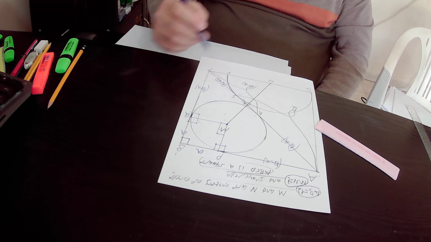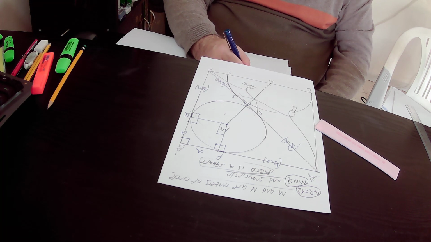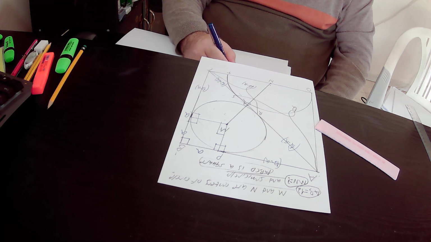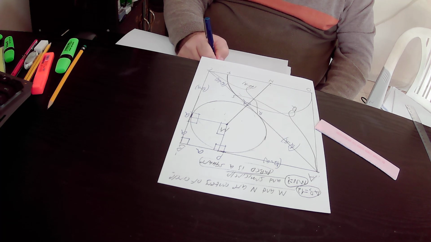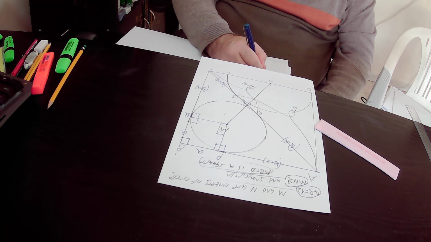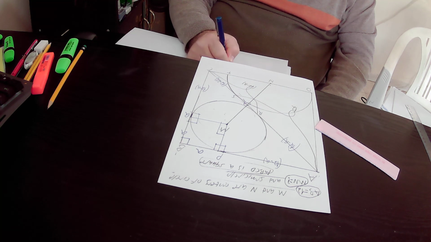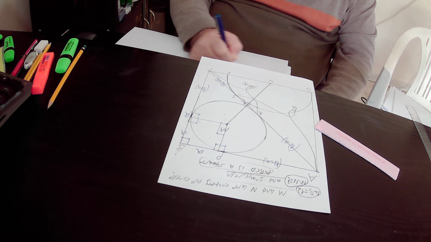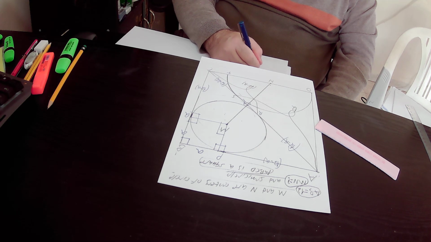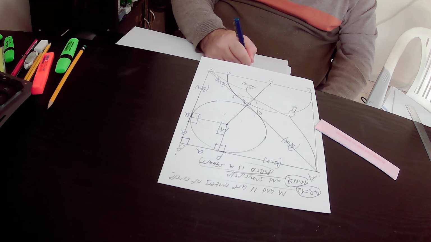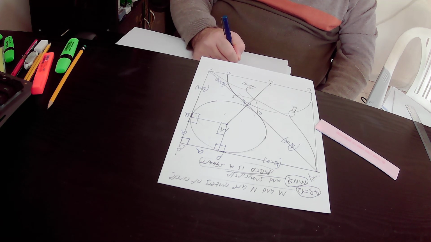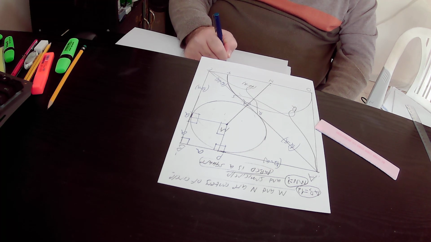So I write it down that quadrilateral PBMQ that has 4 right angles must be at least a rectangle, if not a square.